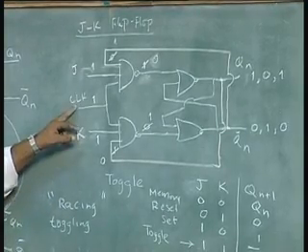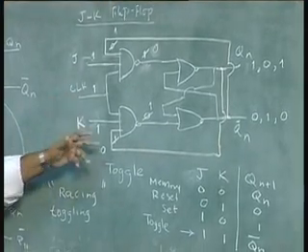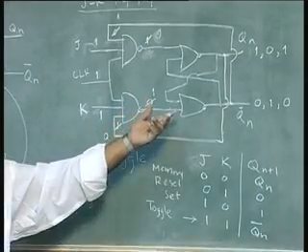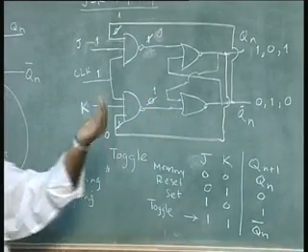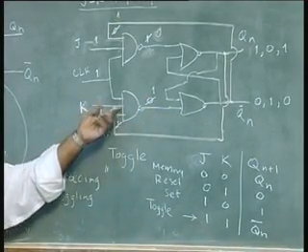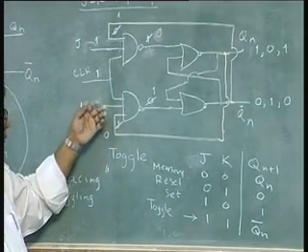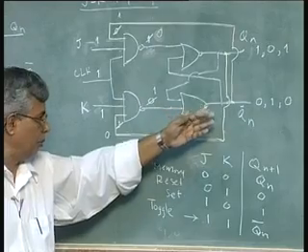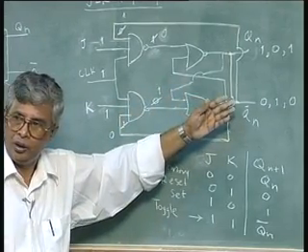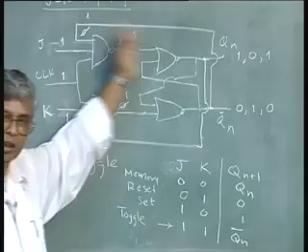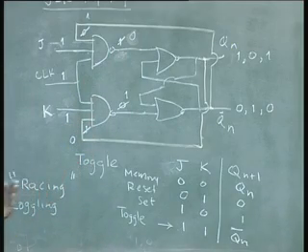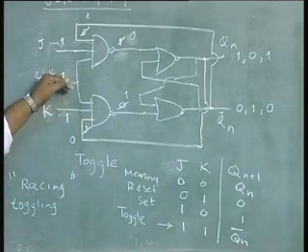If we had a clock width less than the propagation delay of this flip flop, then toggle will not happen. Supposing by the time I change my input and the change reaches the output and changes the output, I remove the clock, then toggle will not happen. Toggle condition requires the clock to be high.